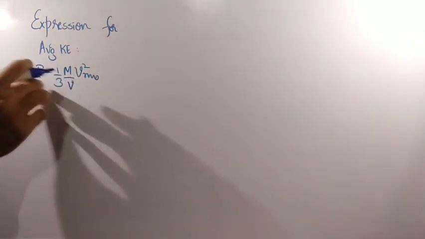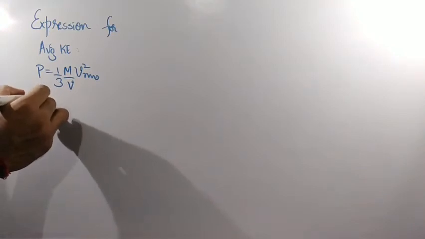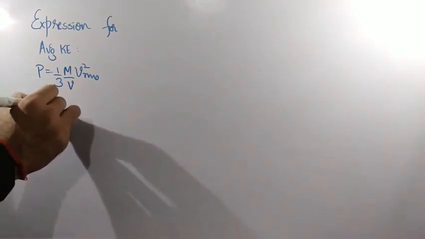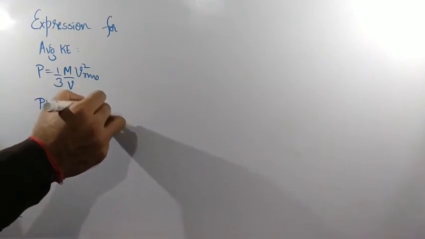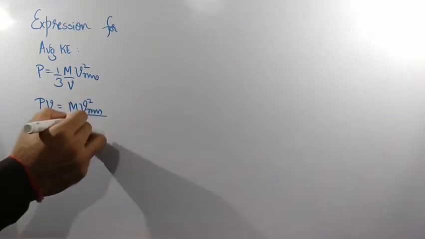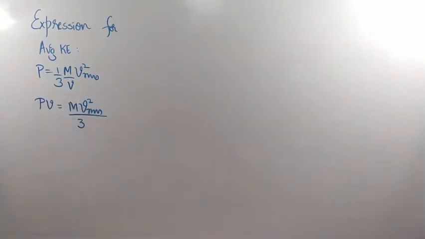Now, this V, just take it to left hand side. So we are going to get PV is equal to M V RMS square whole divided by 3, capital M into V RMS square whole divided by 3.